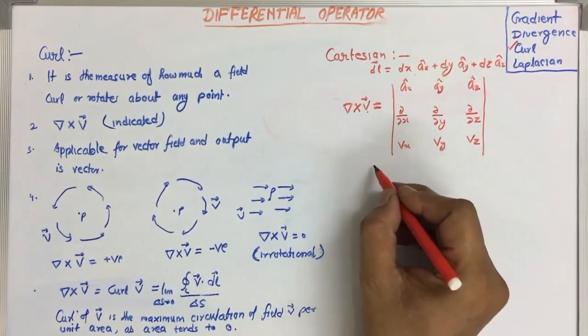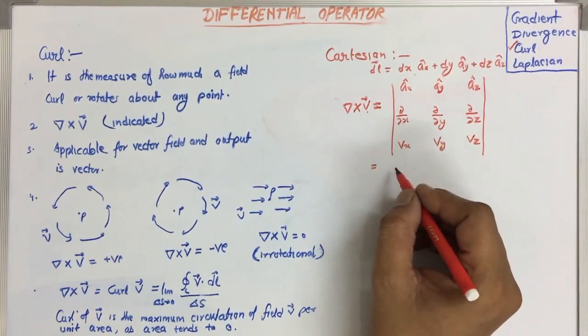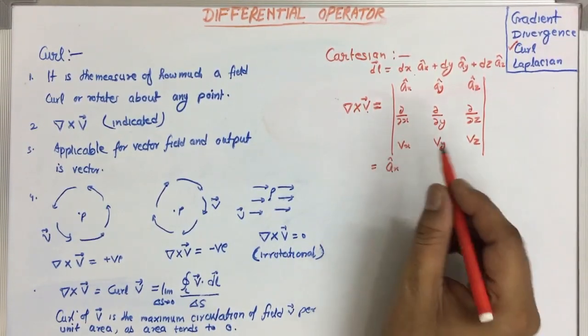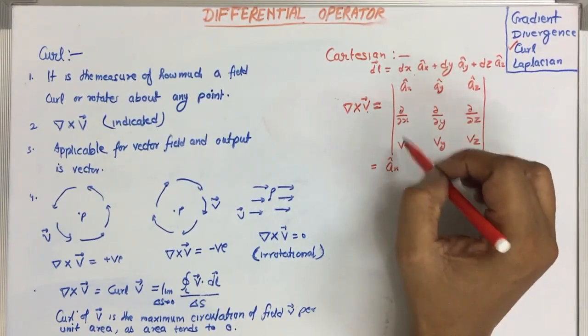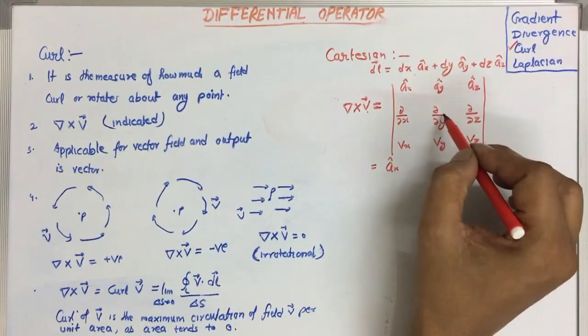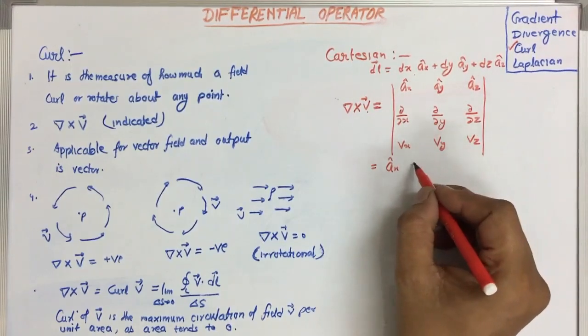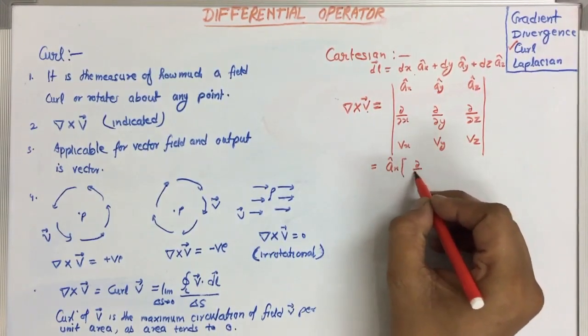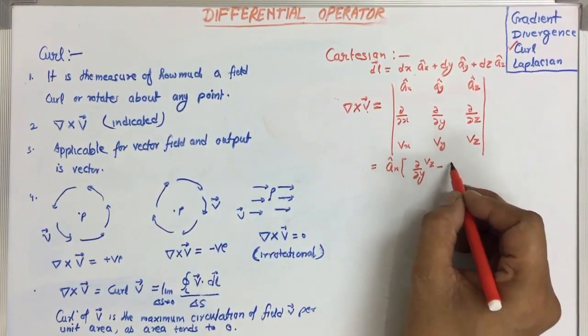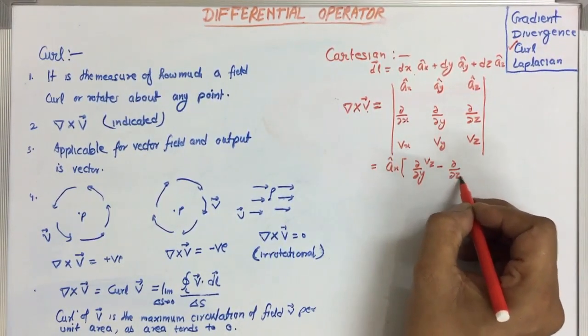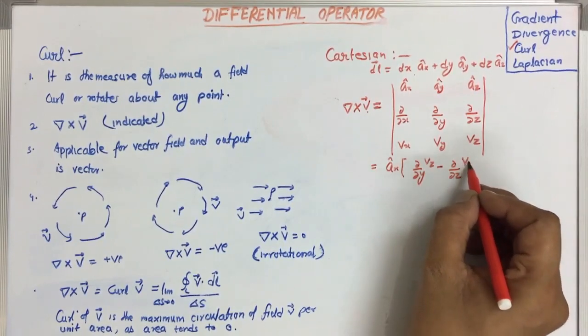Now just for simplicity, let us find the determinant here. For ax, it will be this minus this: del over del y Vz minus del over del z Vy.